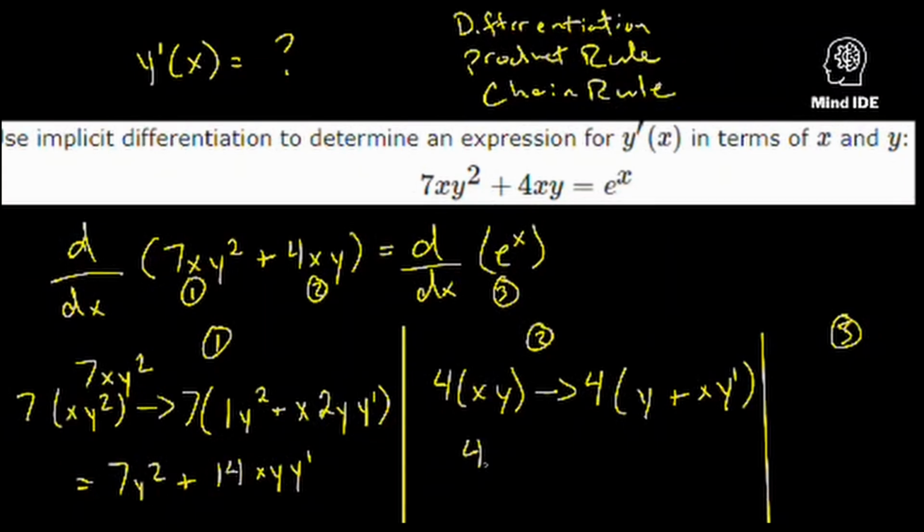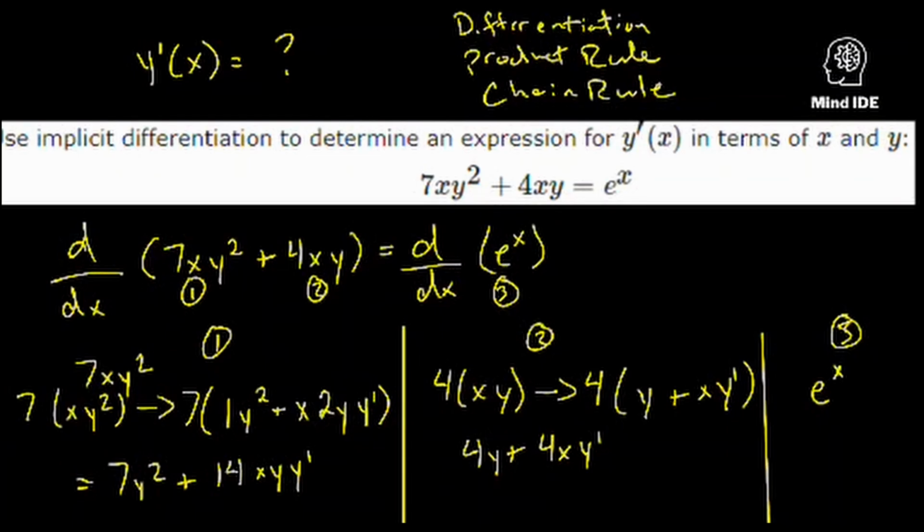And then we distribute that out. So we have 4y plus 4xy prime. And then this other side of the equation, which is very simple here, the derivative of e to the x is e to the x. So we don't have to do anything there.